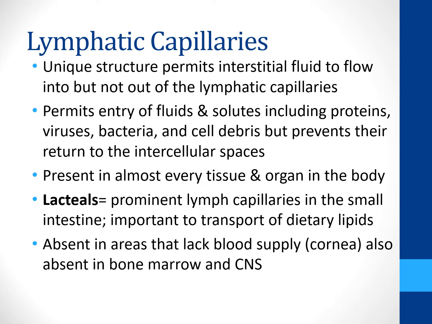So they can collect viruses and bacteria and debris from the tissues, and then it gets trapped in that lymphatic capillary, and then it has to move through the lymphatic system where it gets presented to a lymphoid tissue or lymphoid organ, and it typically would then be recycled by the lymphocytes in that region, so in the lymphatic tissue.